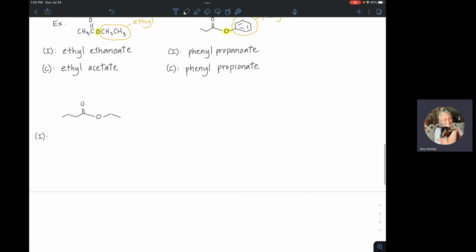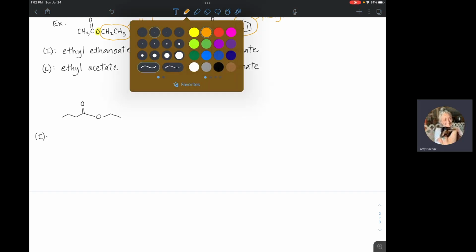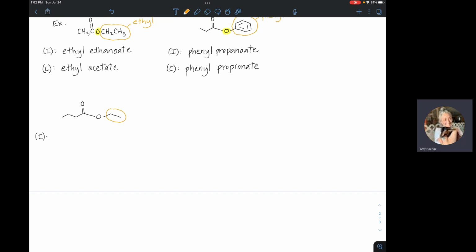Remember we were saying butyric acid smells disgusting, right? So that would have been butyric acid, right? Or butanoic acid. But you can do chemistry on butanoic acid, or in other words, butyric acid, where you can cook it up with some ethanol. So here's your ethyl group, and that came from the ethanol.